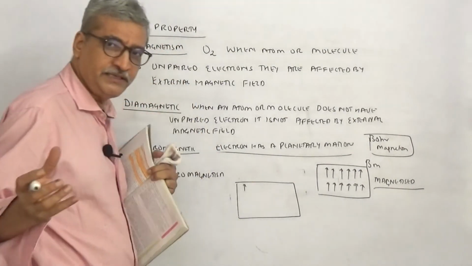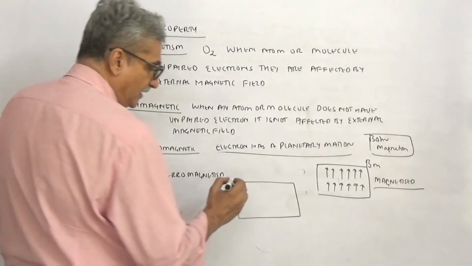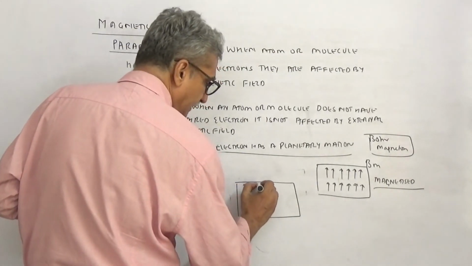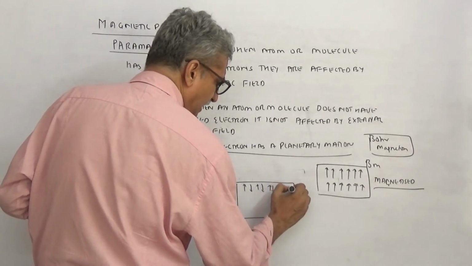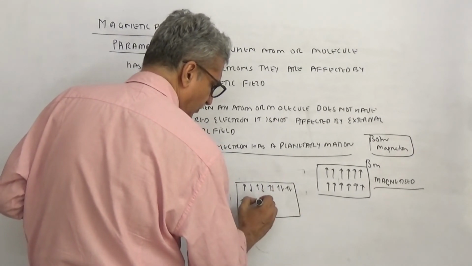After you withdraw the external magnetic field, one electron is lined like this, so equal numbers of electrons are north pole and south pole.